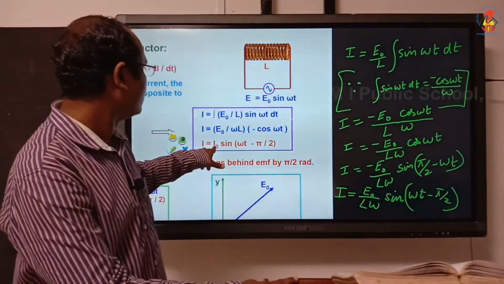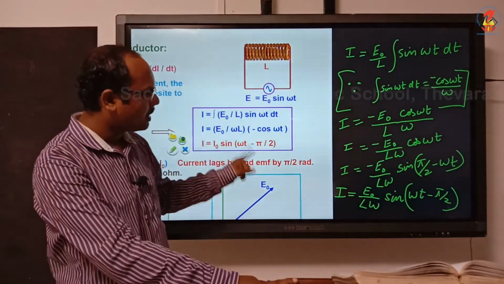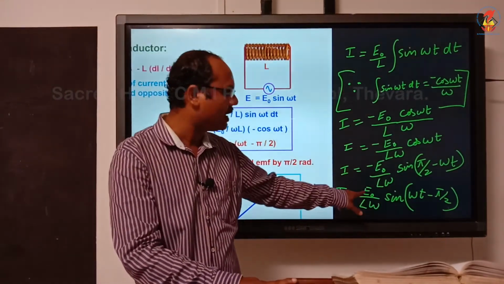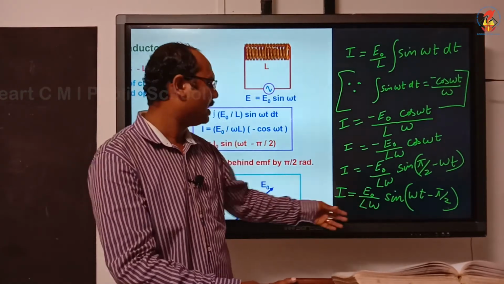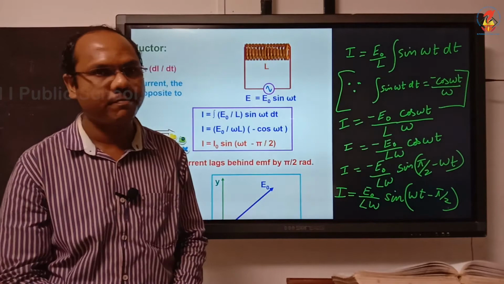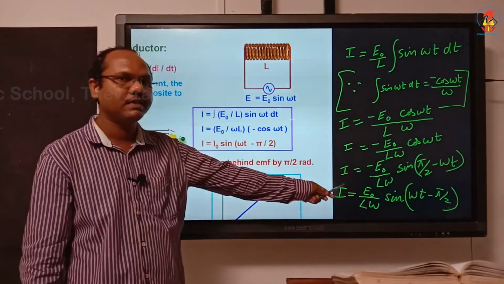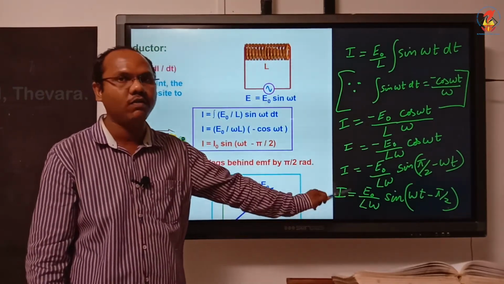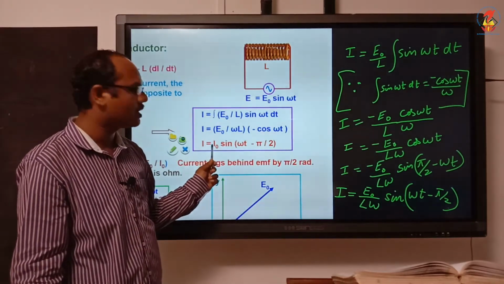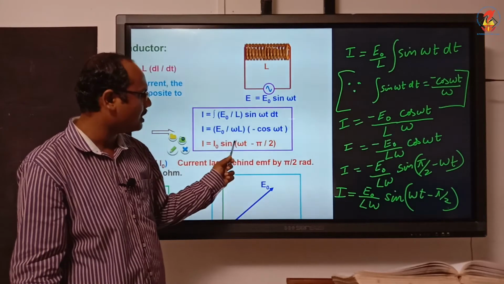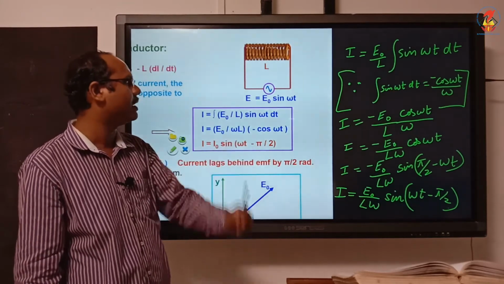So that's the equation here. Now instead of E0 by L omega, I put I0, which is the peak current. So the final equation becomes I is equal to I0 sine omega t minus pi by 2.